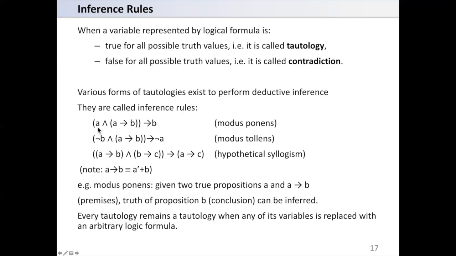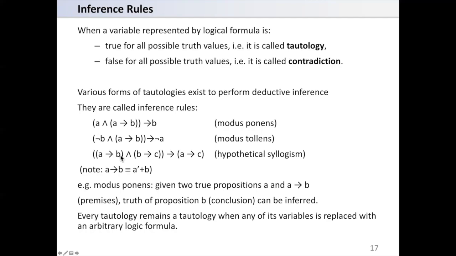For example, A and A implication B, implication of B, this is called modus ponens, and it is a tautology. This one, not B, and A implication B, and then we have implication not A. This is called modus tollens, another tautology.